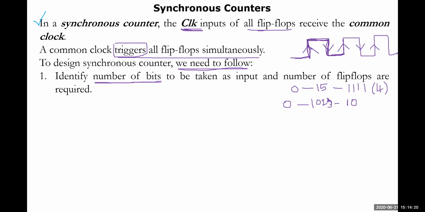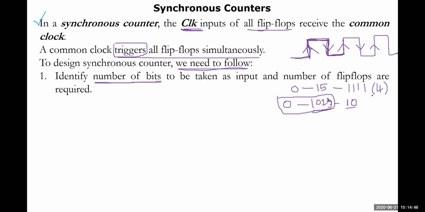Continuously 10 ones will be written, and if you calculate, the value of 10 ones is 1023. Of course, totally it is 1024, that is 2 power n minus 1. That is the meaning here. So 10 bits are required to implement this kind of counter. Therefore, you need to identify how many bits will be required to implement one particular counter.